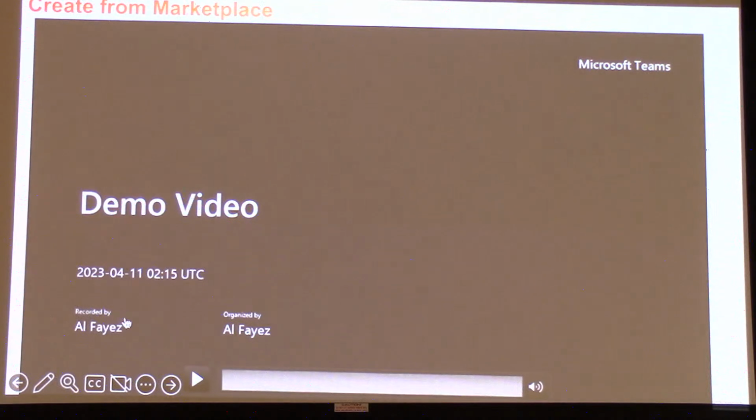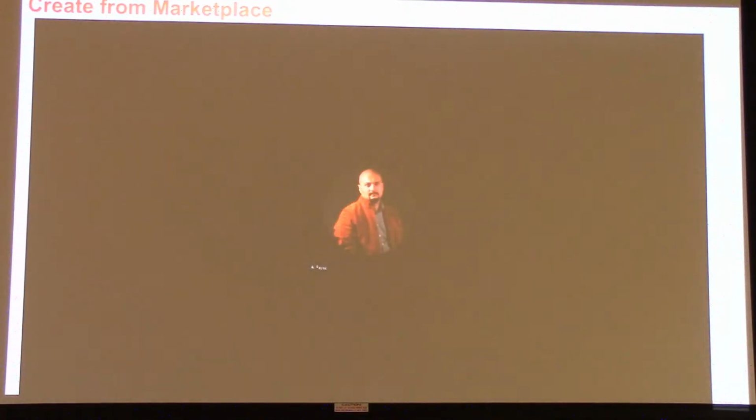So let's see how we do this. The demo is through AWS, so big plug for AWS. This is going through the marketplace, where I search for our product, and this is just the marketplace process for subscribing to the product.